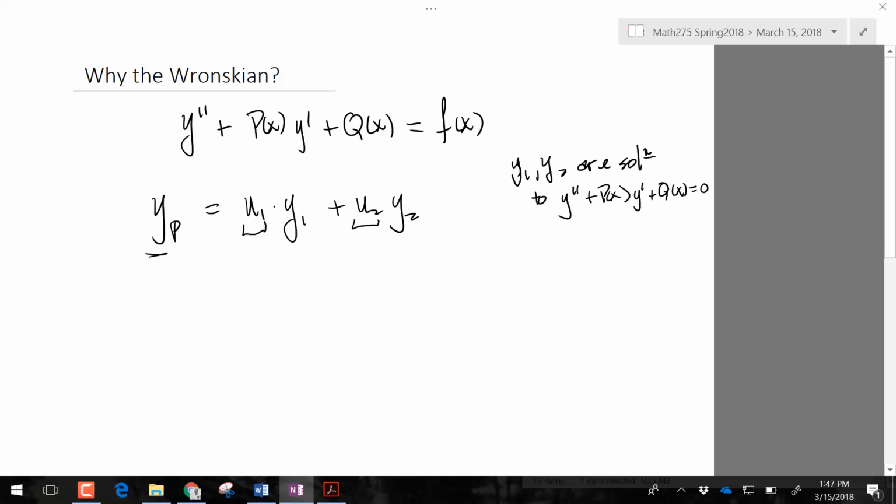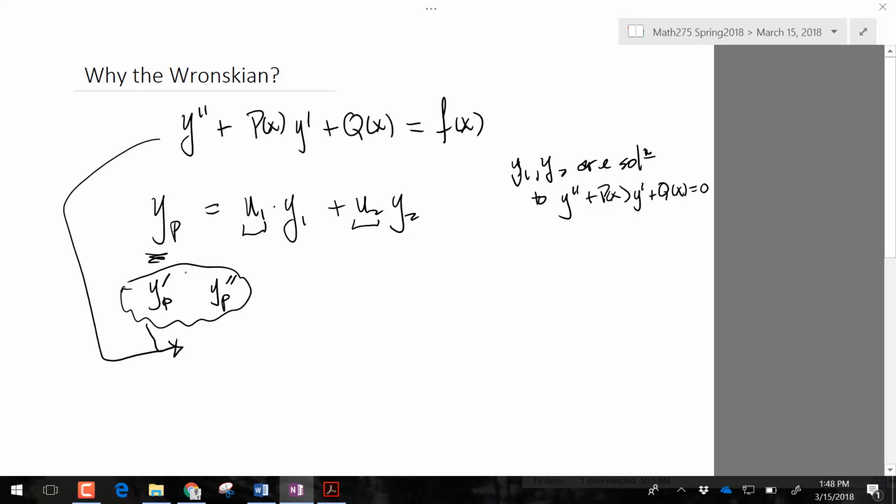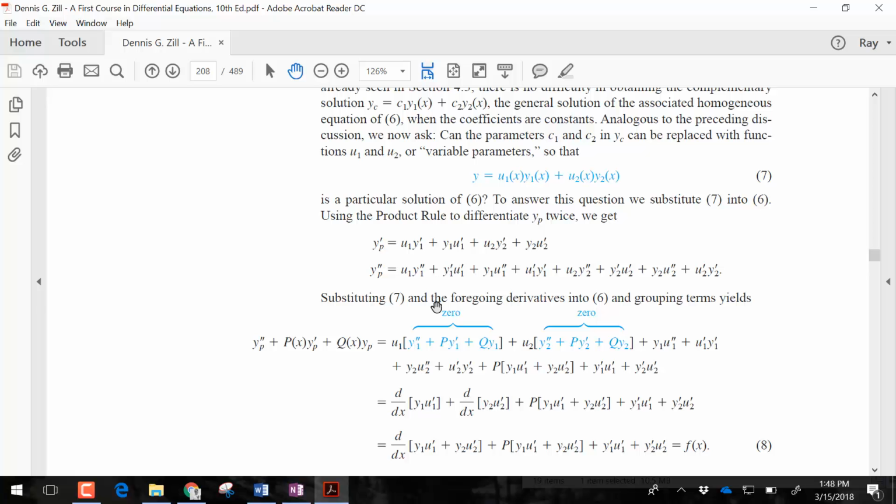So if this is a solution, what we want to do is essentially take the derivatives of y sub p, so y sub p prime and y sub p double prime, and then put it back into our differential equation. And so instead of doing that, I'm just going to copy from the book here.